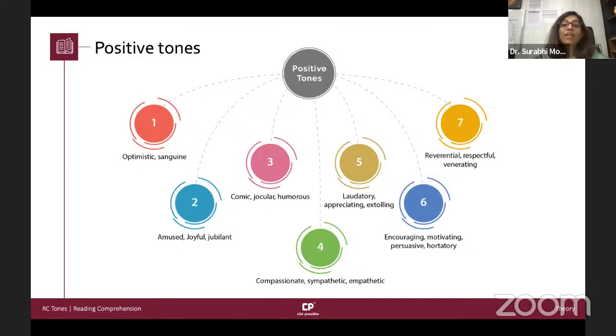If the author has written a passage which is touching, probably highlighting someone's suffering or misery, then the tone is number 4, compassionate, sympathetic. And generally, if the author appears to be in a happy mood, and if the passage written gives a happy vibe, then the tone is likely to be amusing, joyful, or jubilant.